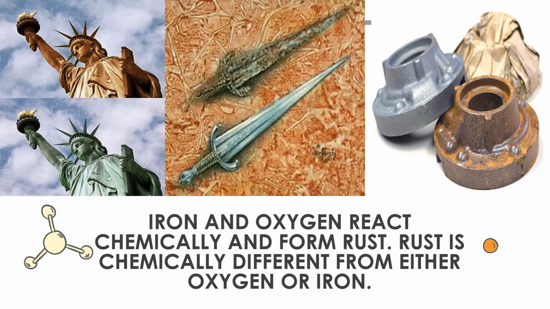We can see the example of rusting here. When iron and oxygen react chemically, they form rust. So we will look at the picture. At first, it was shiny, and then after a while, it becomes rusty. Rust is chemically different from either oxygen or iron. It's a new product.